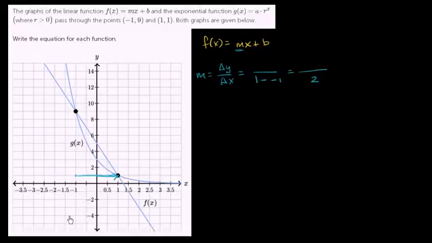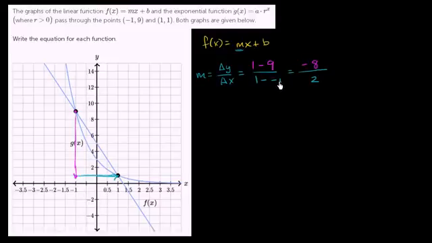We see that right over there. And what about our change in y? Well, we start at 9. We end up at 1. We started at 9. 1 minus 9 is negative 8. And just to be clear, when x is 1, y is 1.